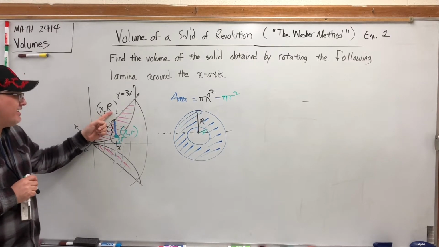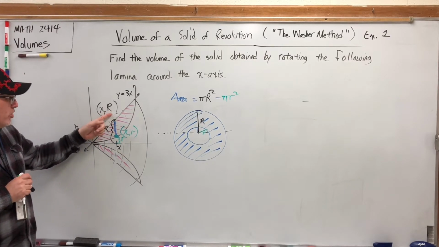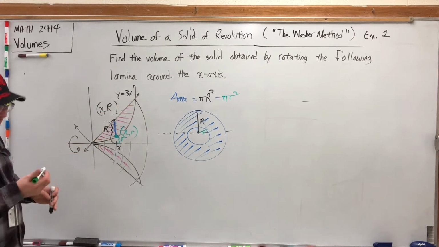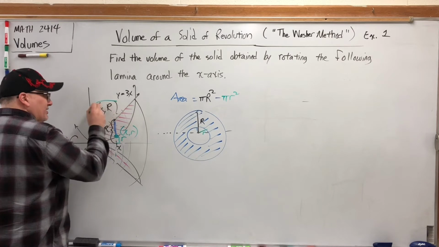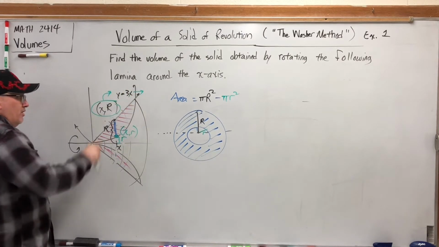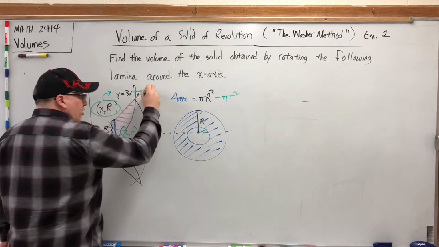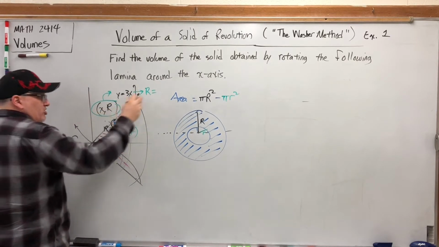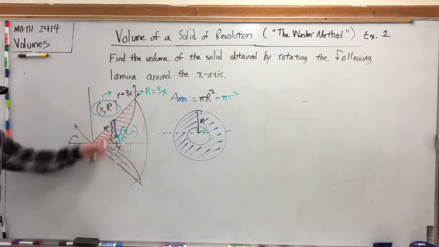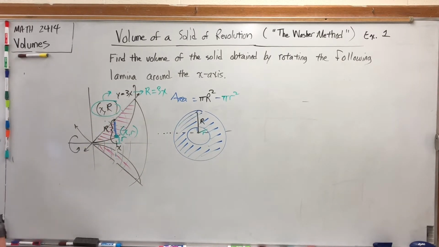The larger radius, capital R, is the y-coordinate of the point on this graph, but this graph was y equals 3x, which means if we take this ordered pair and put it into that equation, the y-coordinate is capital R, the x-coordinate is just x, and we get that the outer radius at this x-coordinate is 3x.